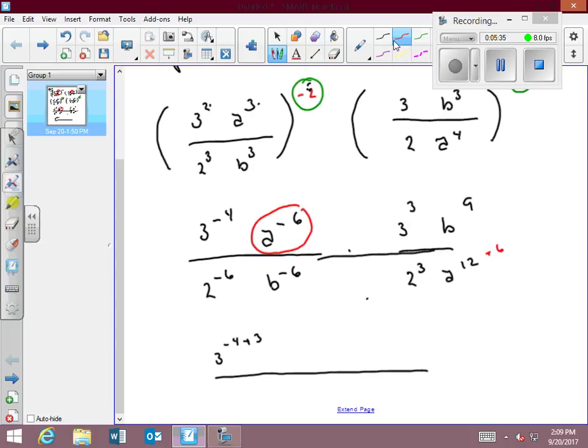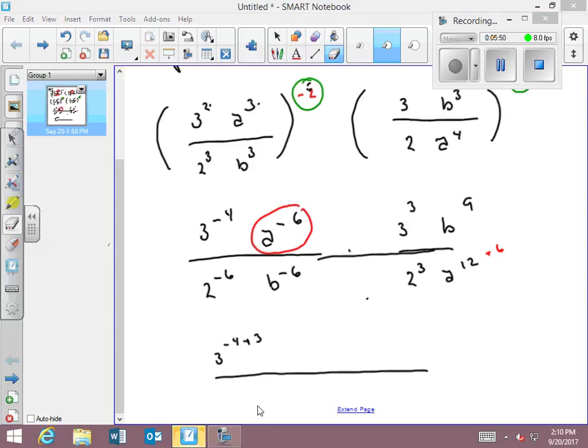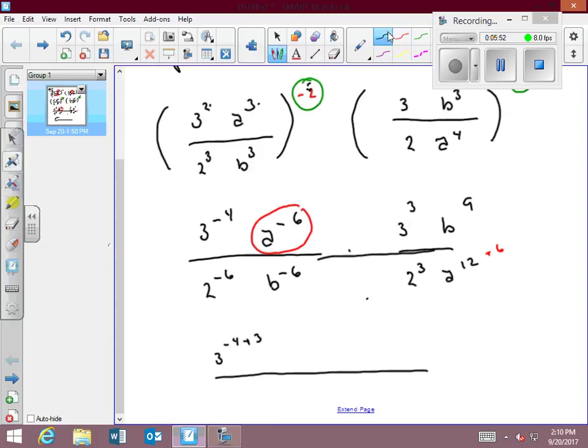So it's going to have to be a18. Is that doing too much without intermediate steps? I'm taking this a6, going down here, and making it a plus 6, and adding it to the a12. So it's a18 in the denominator. Is that good?